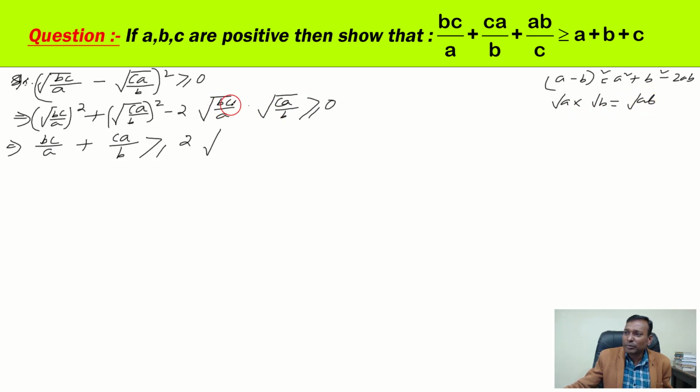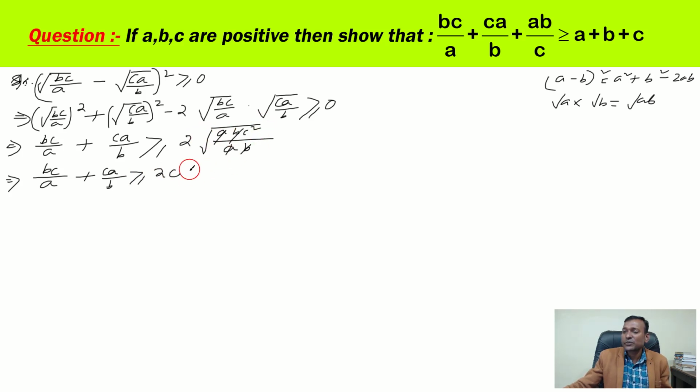Same, if we multiply these two, BC into CA, it will become ABC square by AB. Now this A cancels, B cancels. This implies BC by A plus CA by B is greater than or equal to twice C, because square root of C square is C. Let it be equation 1.